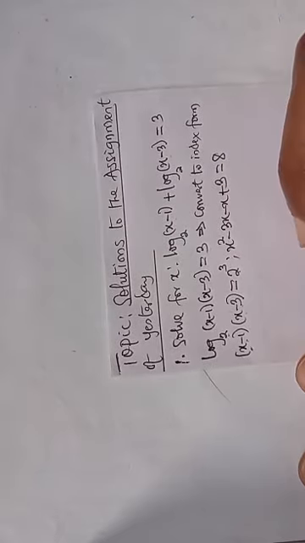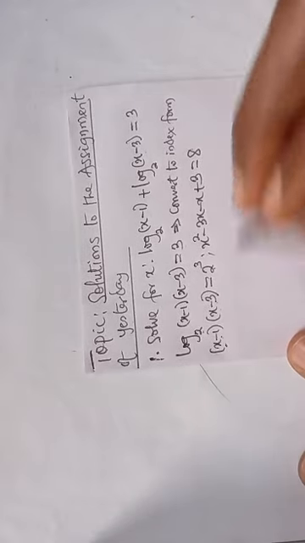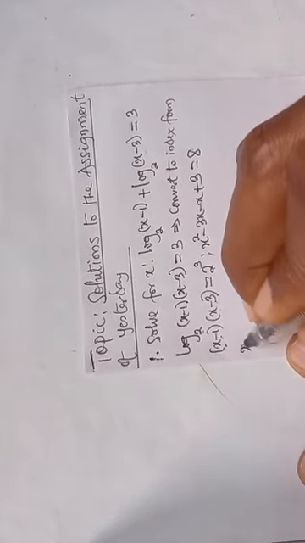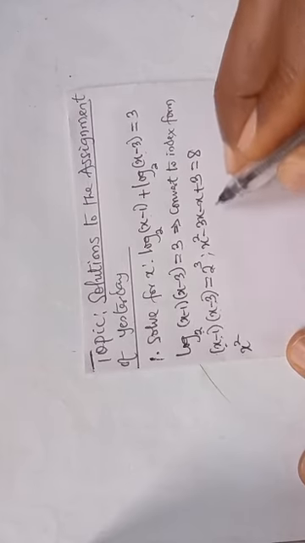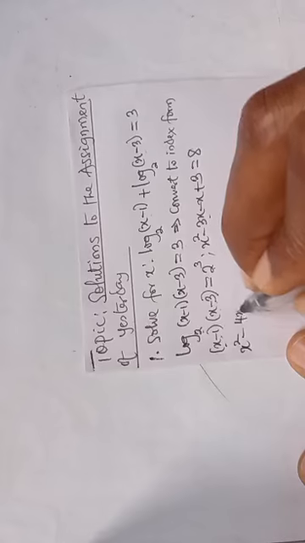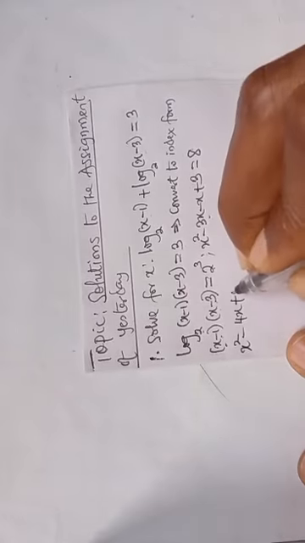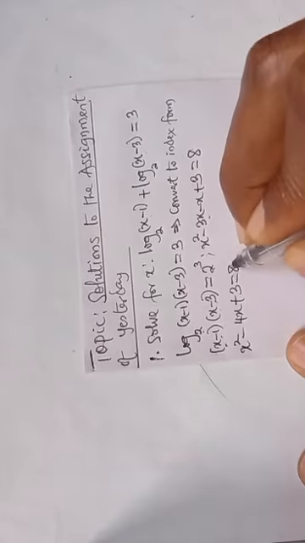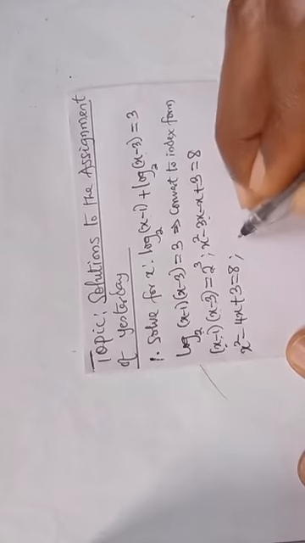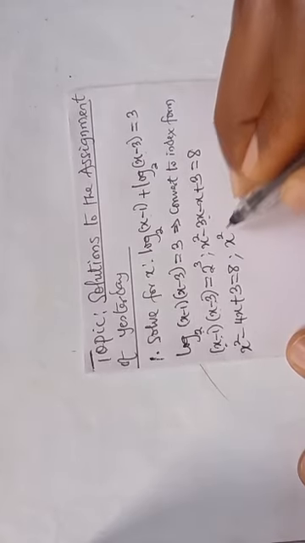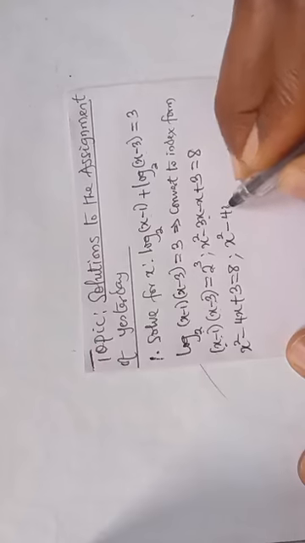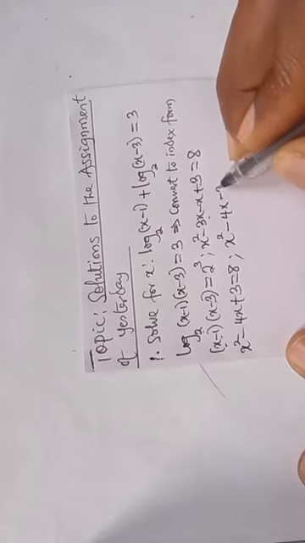Okay, let's continue. Here now, let's add. I have x squared minus 3x minus x, which is minus 4x, plus 3 is equal to 8. We continue collecting our like terms. Minus 4x minus 3.